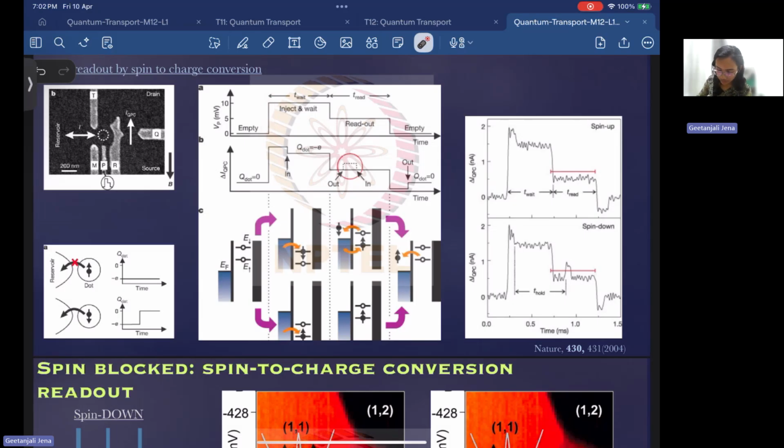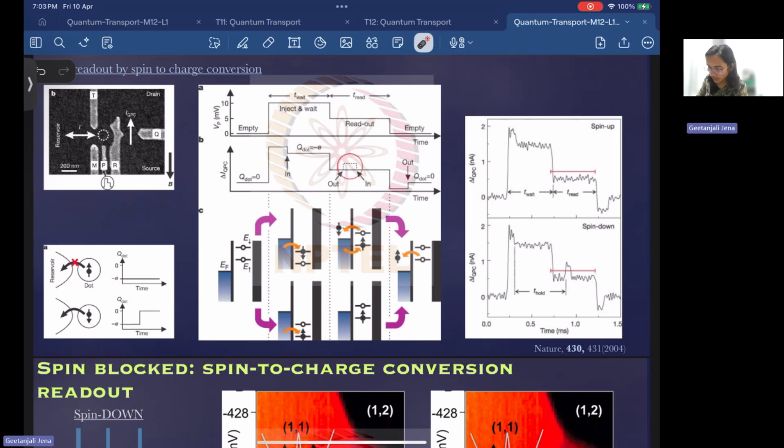As shown here, the electron can be in the spin up state or in the spin down state. We will see how we can differentiate from the data whether it was in the spin up state or the spin down state. So what will happen after some time?